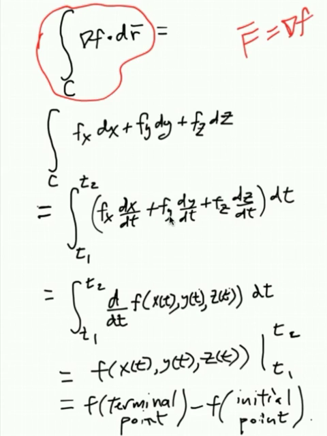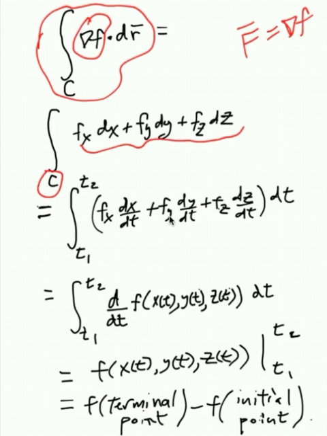Now what is a gradient? Here I'm doing it in 3 dimensions, the full version. So that's the vector f sub x, f sub y, f sub z, dotted with dr, which yields this thing right here. And then we're integrating over some C.